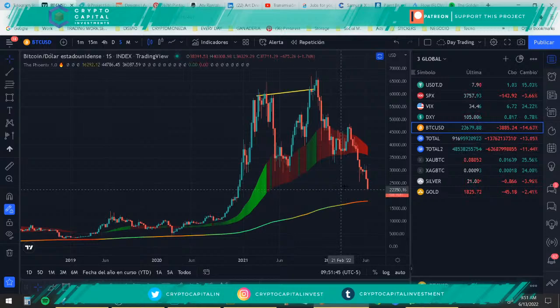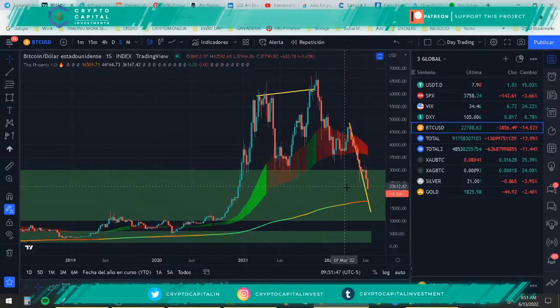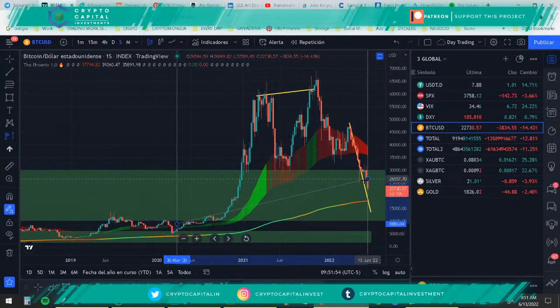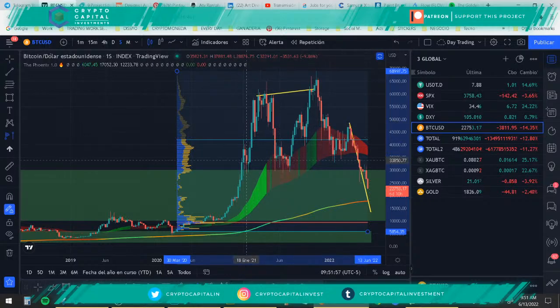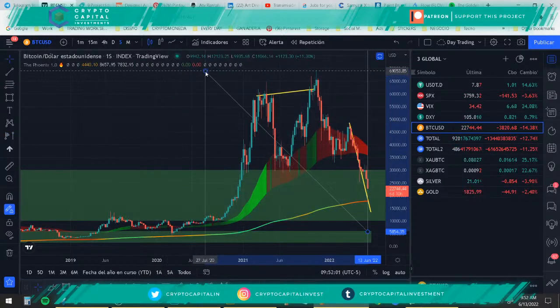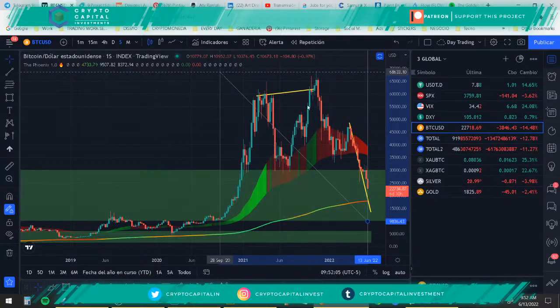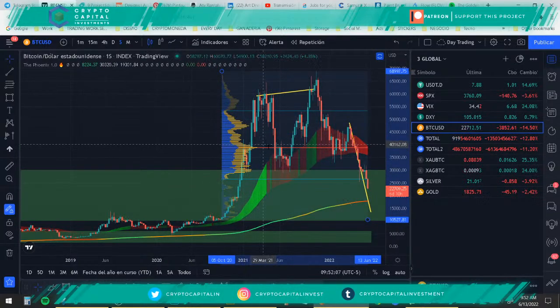I was talking with some friends that I believe the bottom is at 22.4, right? And the reason why I say that is because we had all this area here. So I need the point of control to the top here. All right. So this is the value area low, which is where we should be buying right now.